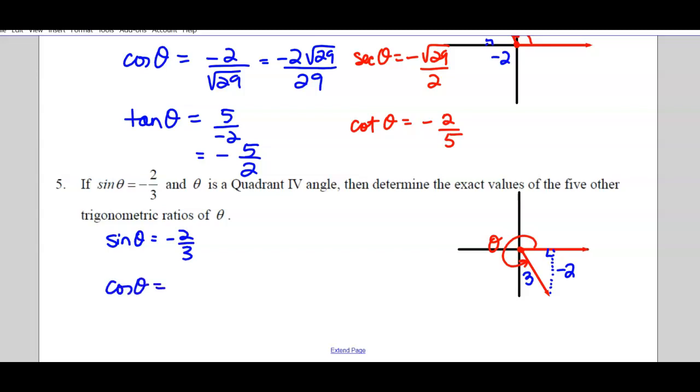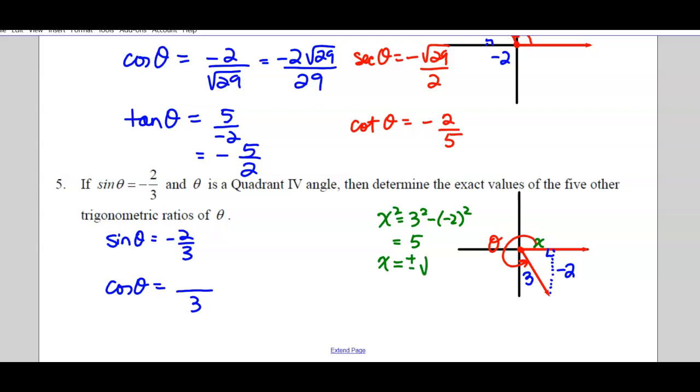Cos of theta, we need the x value. So now we use the Pythagorean theorem to find x here. So x squared equals the hypotenuse squared minus the other side squared. So 9 minus 4 is 5. X can be positive or negative.